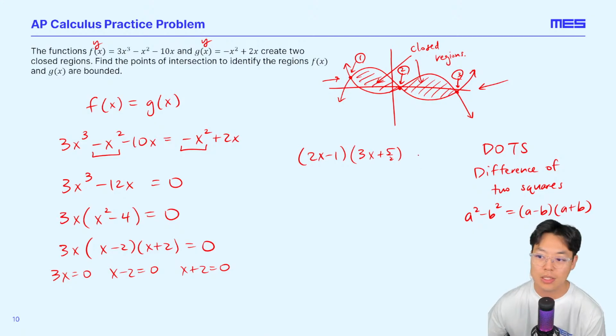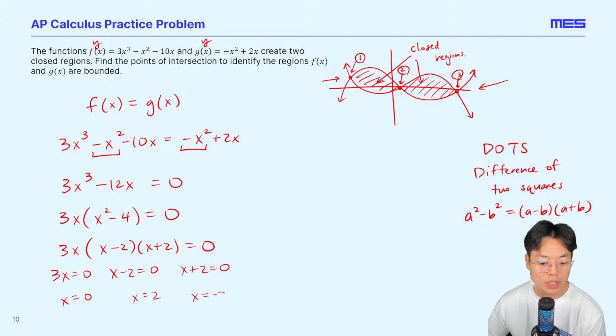What are you going to do? You can't flip the symbol anymore. You have to set each of these equal to 0. But if you've been flipping the symbol every time without knowing why, then you're going to get these questions wrong. So always build good habits before we get into more complex problems. X is equal to 0, x is equal to 2, x is equal to -2.